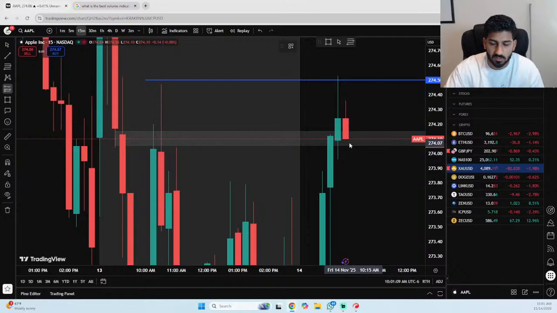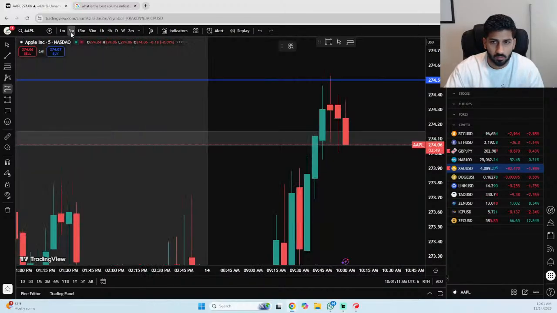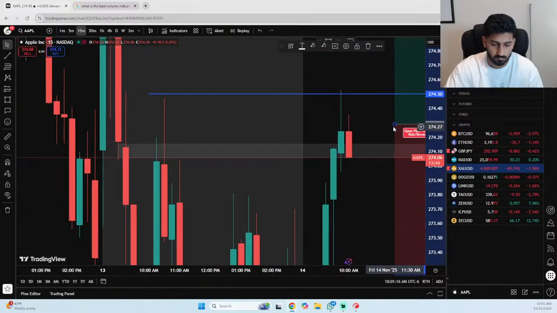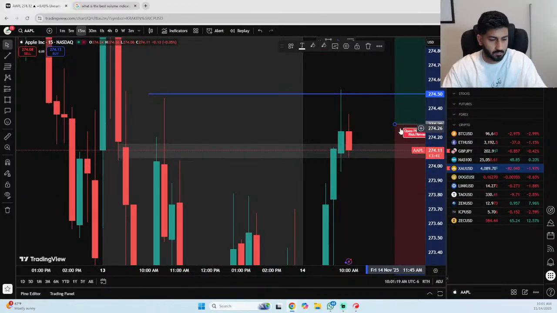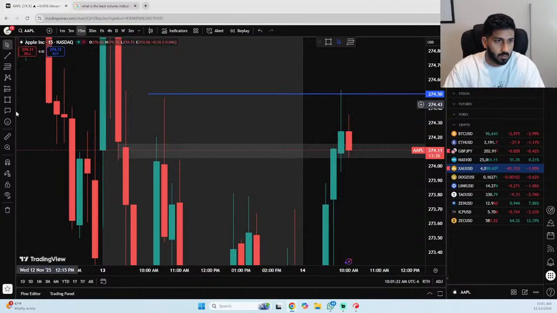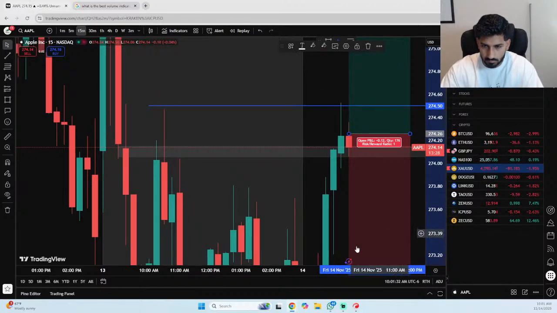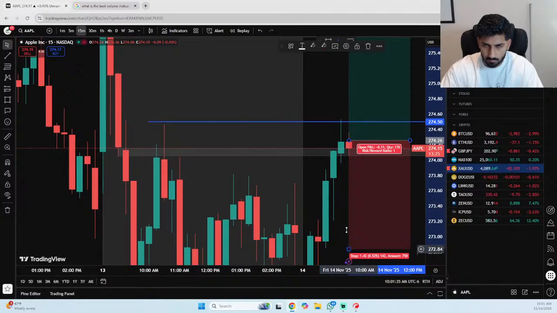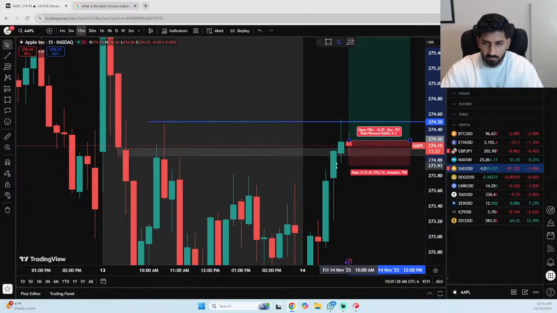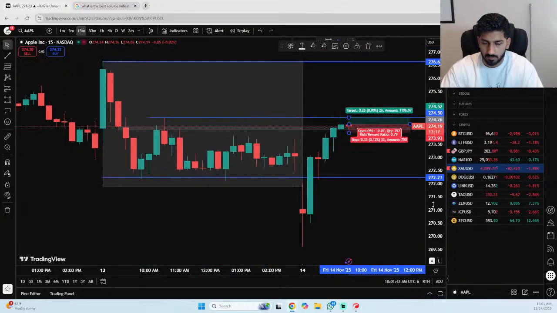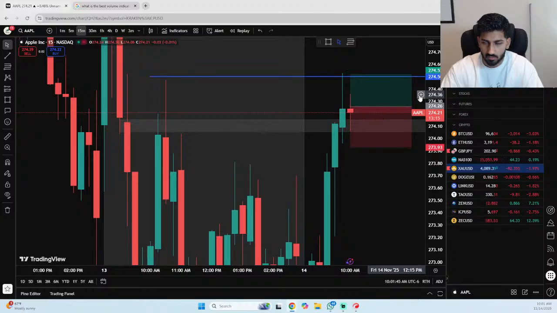Okay, so it's coming back down. The idea is for this candle to not break its low and then continue to push up higher.